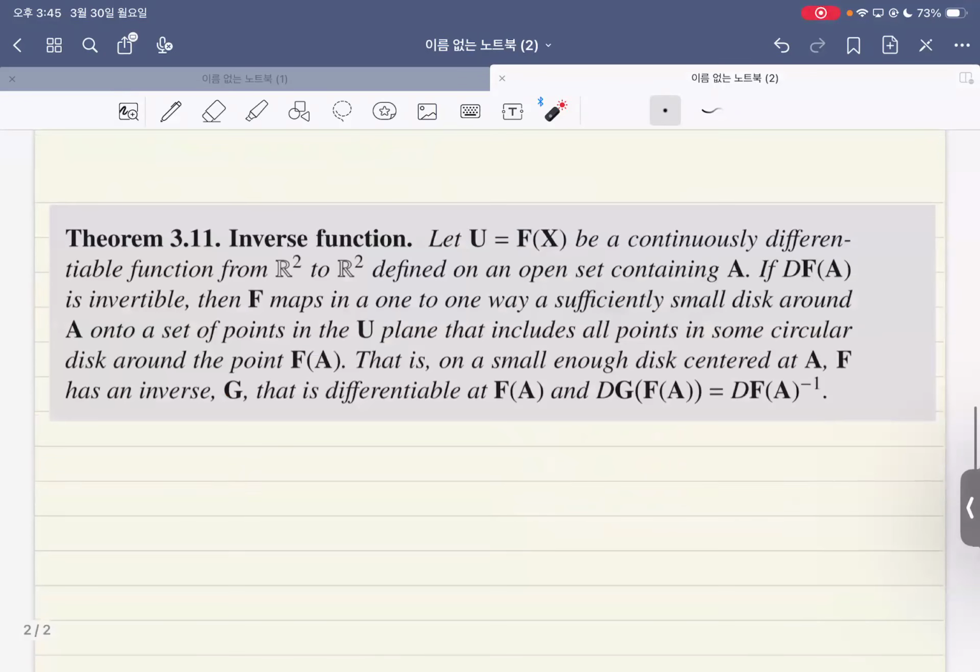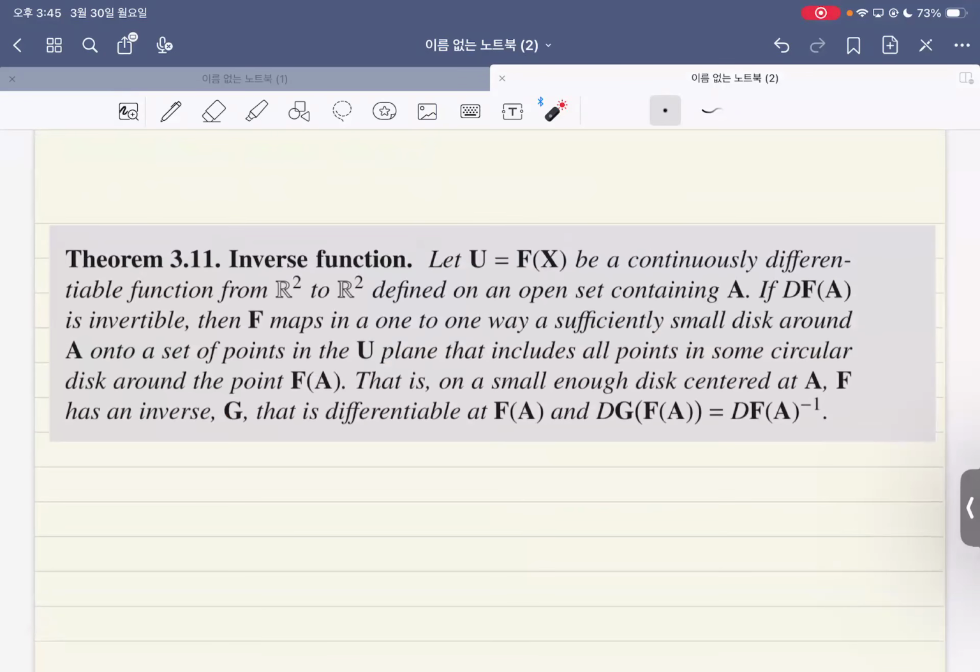The same is true here. If my matrix derivative is invertible, then f is locally invertible, and the inverse function is differentiable, and its derivative is the inverse of the original derivative. It is precisely the same idea.